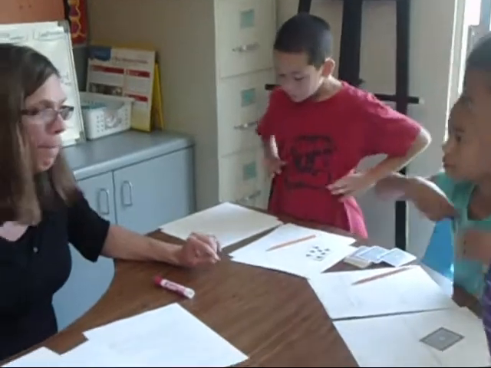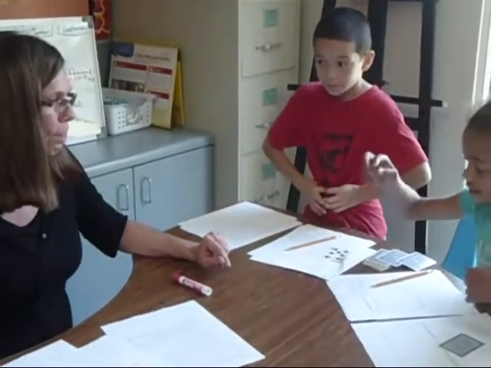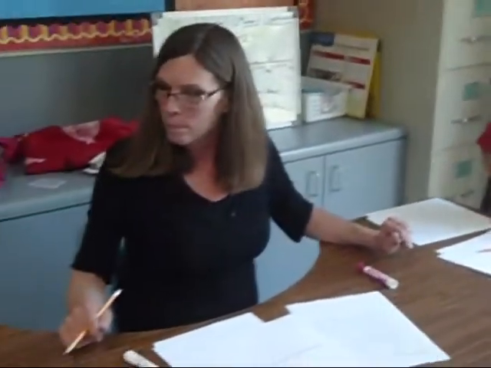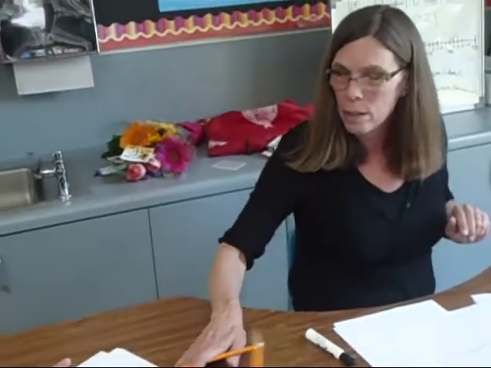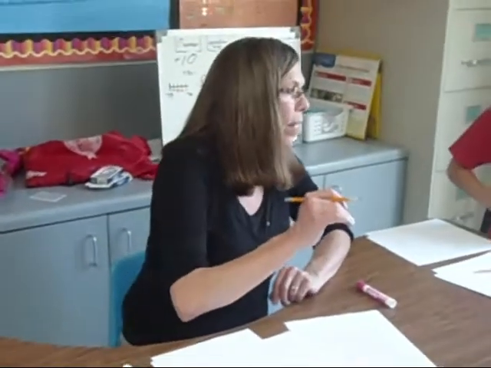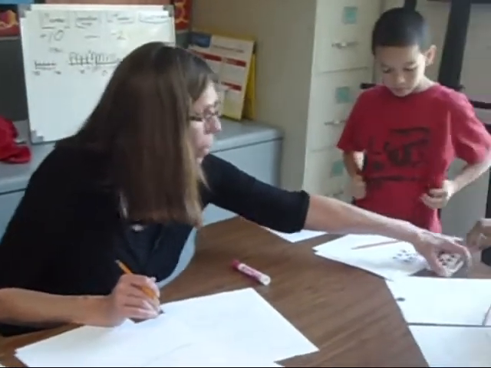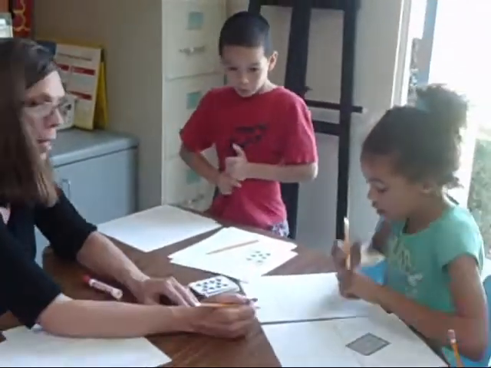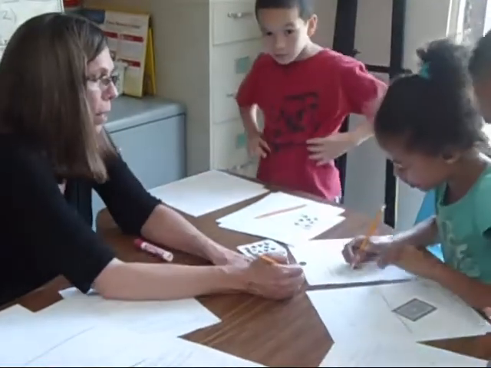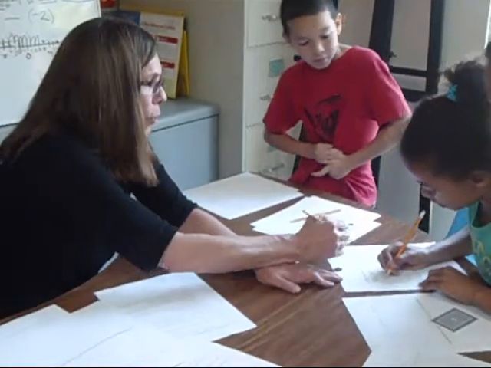Okay, whose turn is it? Mine. Okay. Okay, whose turn is it here? No, one is 10. That is a 10. Okay, so you just put that there. Okay, so what are you doing? What was your bottom line?